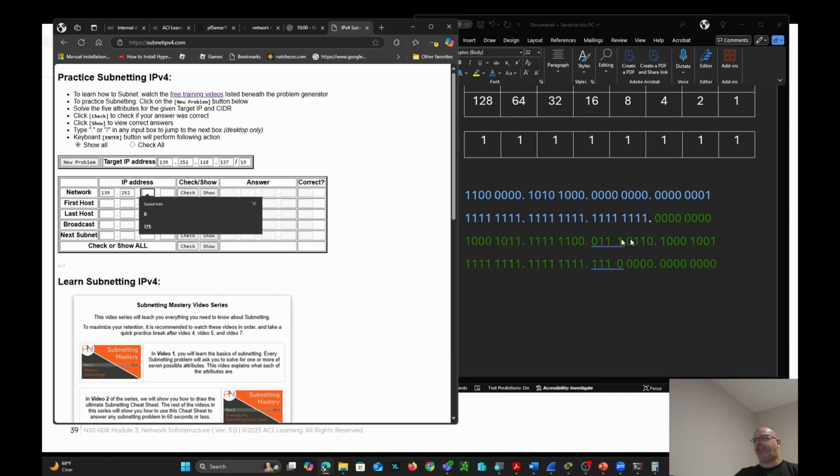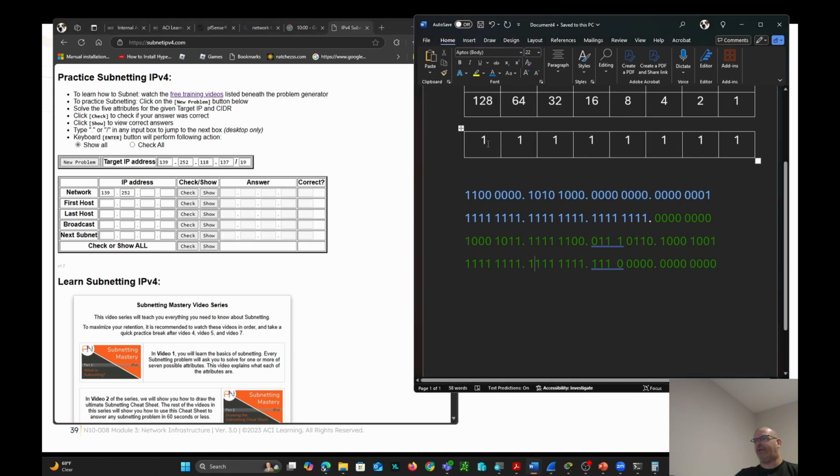Just change all the rest to zeros, because that's our host devices.